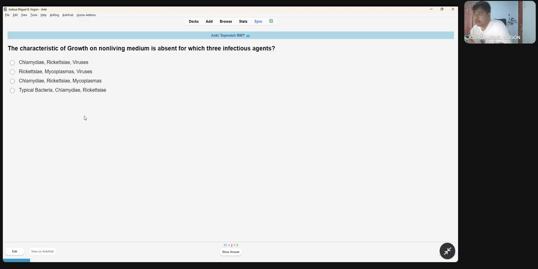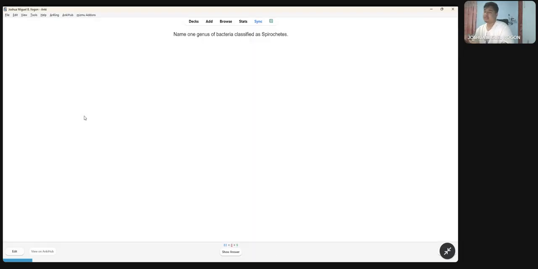Okay. Non-gram strain infections. Rickettsiae, mycoplasma, and viruses. Oh, mycoplasma. Told you, you're gonna get a lot of mistakes here.